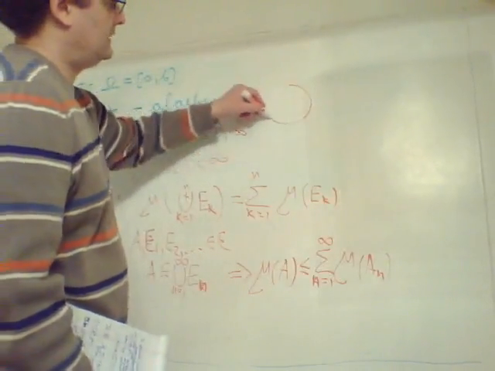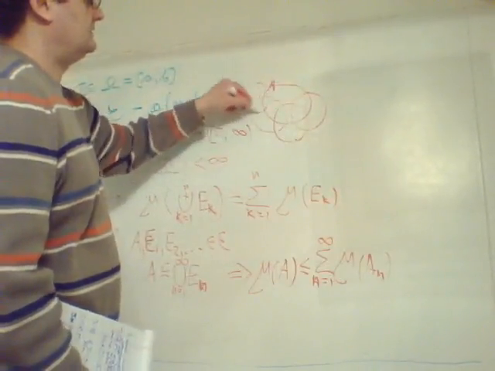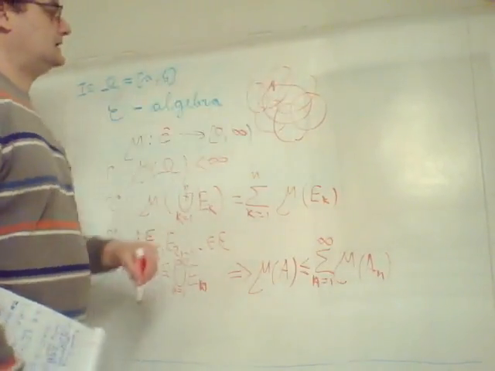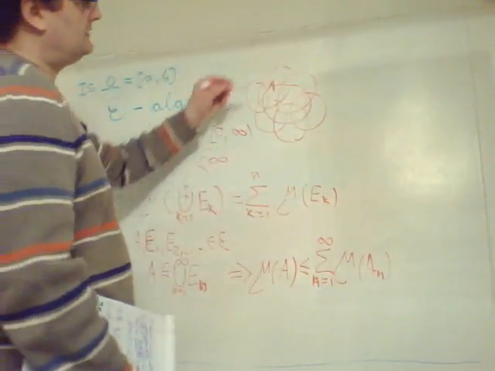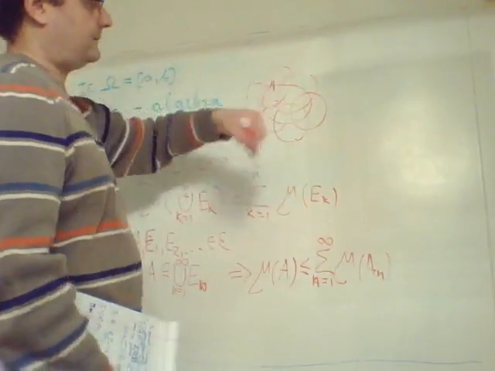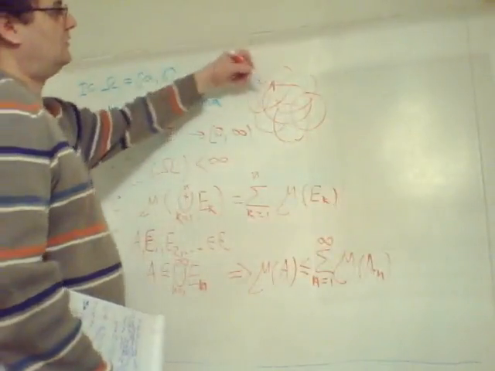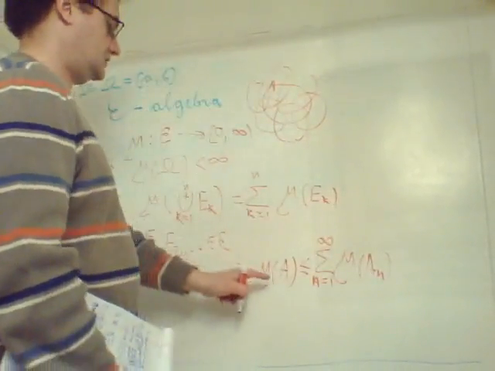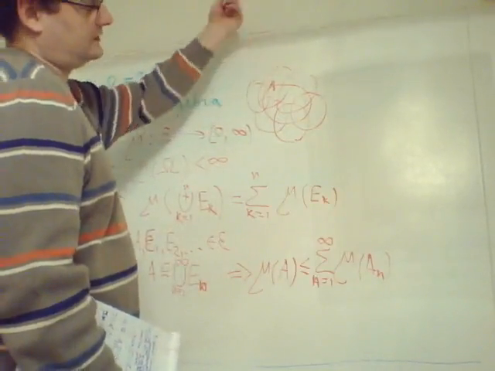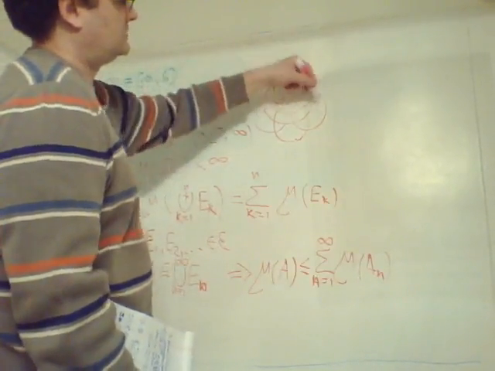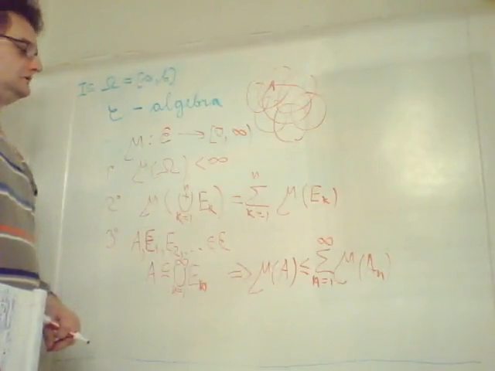So basically, if you have a set A and you have sets E_n which completely cover A, then the probability or length, or in general the measure of A, should be less than or equal to the series of all measures of these sets.